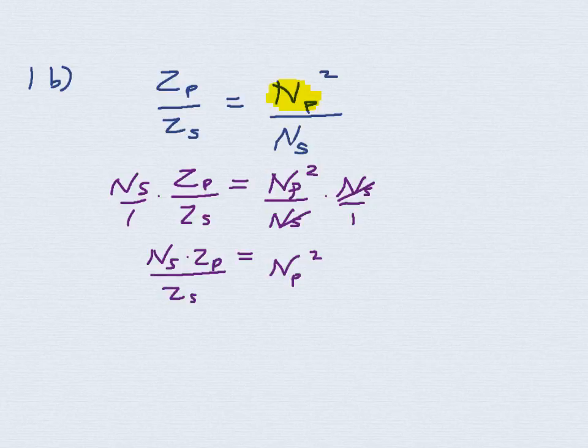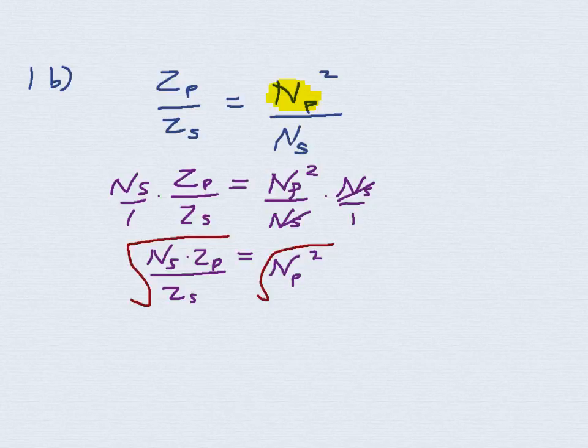You want to get NP by itself. NP right now is squared. Do the square root of that. And nothing changes as long as it's the same to both sides.